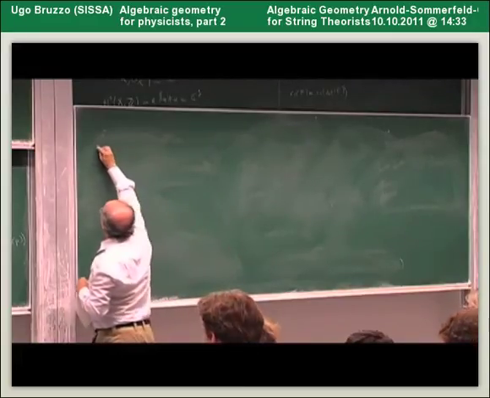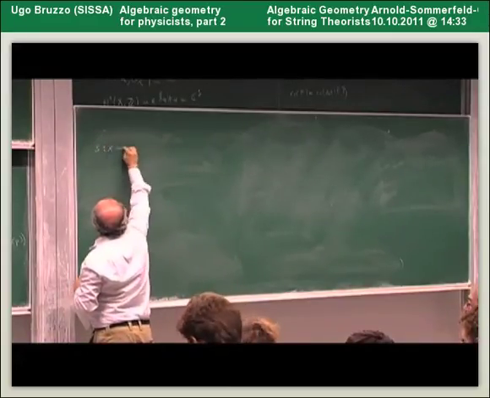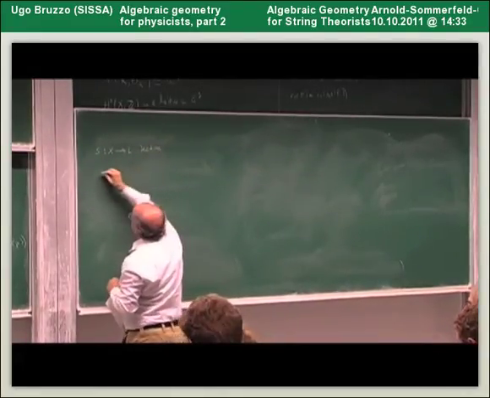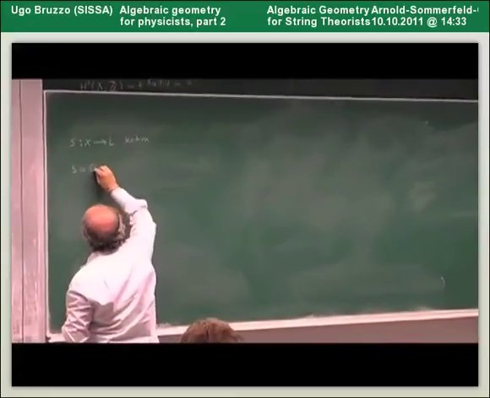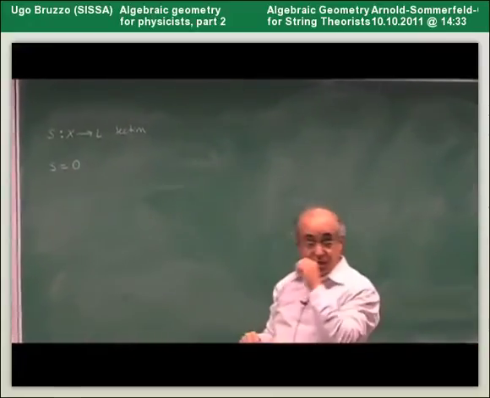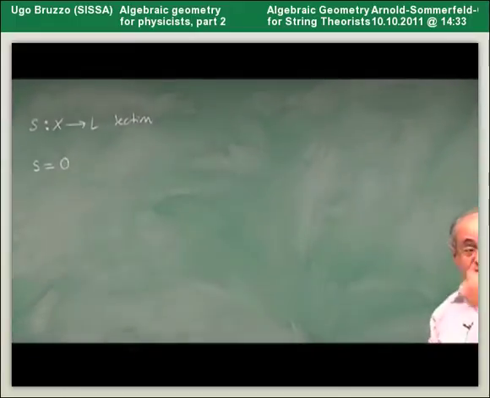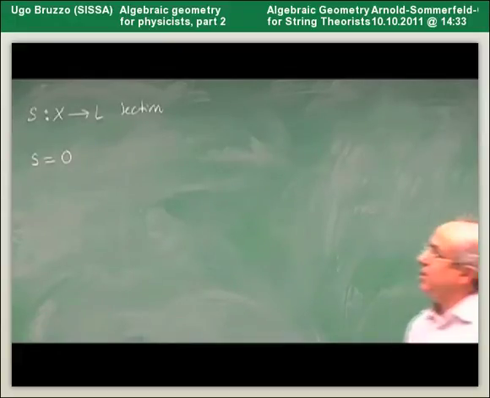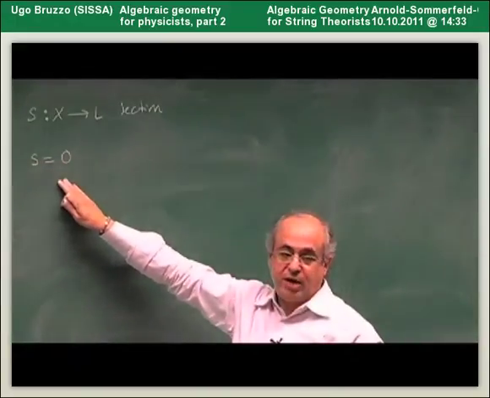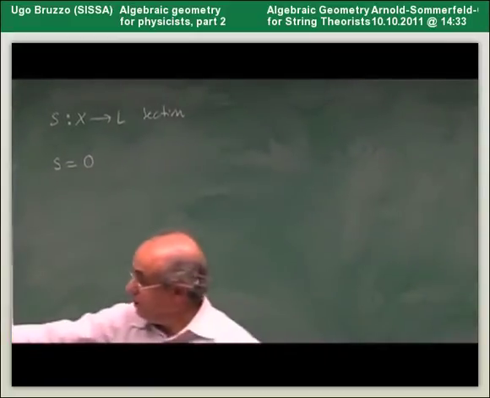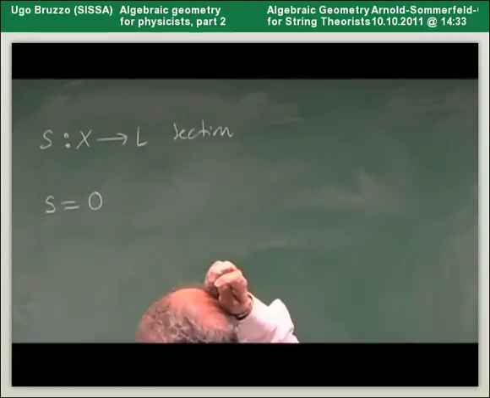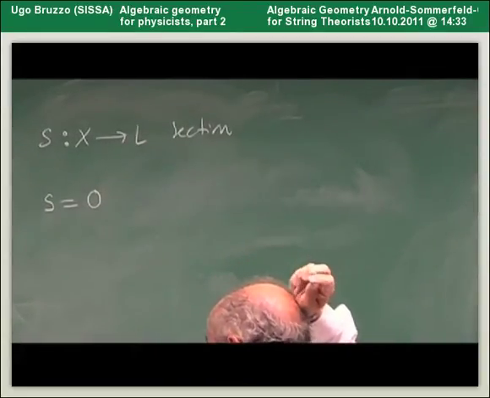So again, I take a global section, and then I understand that at least locally, the condition s equal to 0 will give hypersurfaces in X. It will give something which is given locally by the vanishing of a holomorphic function, this function here.